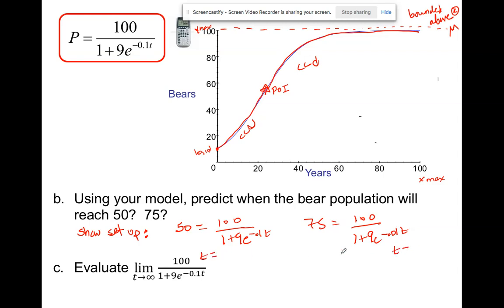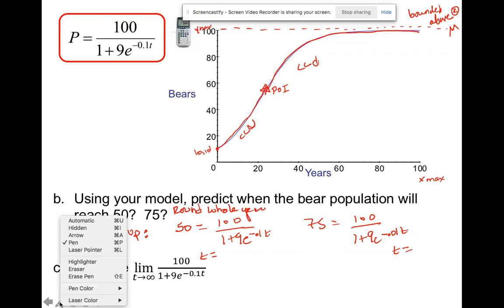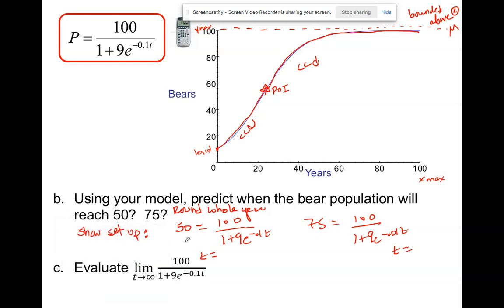Usually AP will say something like, they always like you to round to 3 places past the decimal, but in problems like this, they usually say round to the whole year, just to avoid confusion. So what you're supposed to do with your calculator is you already have this equation in Y1. Please put 50 in Y2 and find the point of intersection.